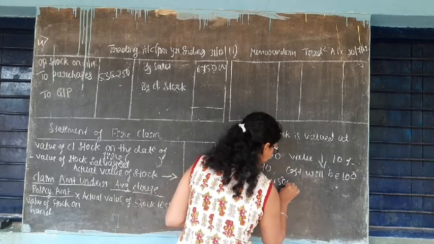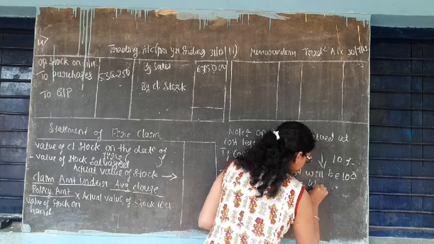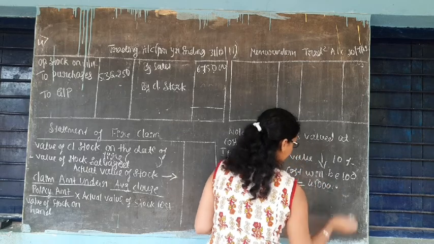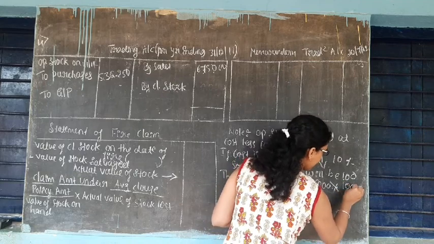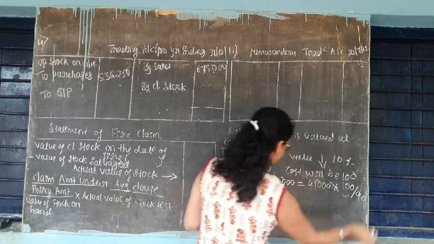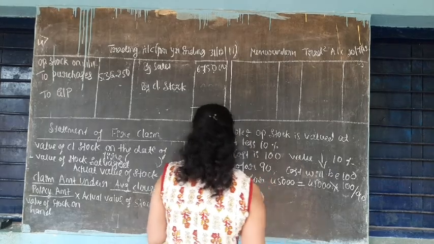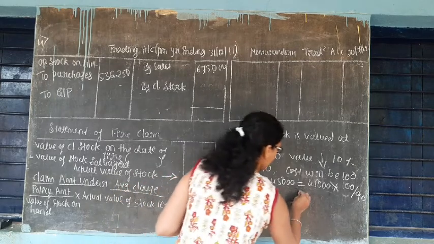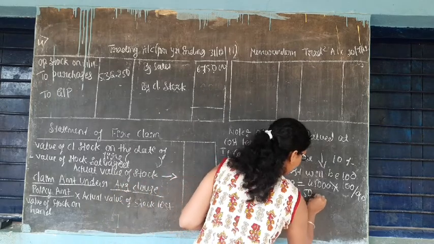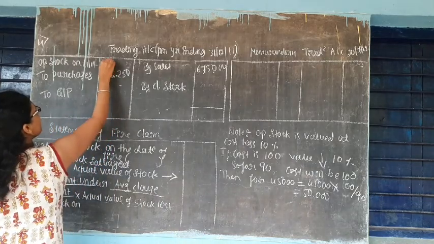So for 45,000, you should take it as 45,000 into 100 divided by 90. That's equal to 50,000. So the opening stock is 50,000.